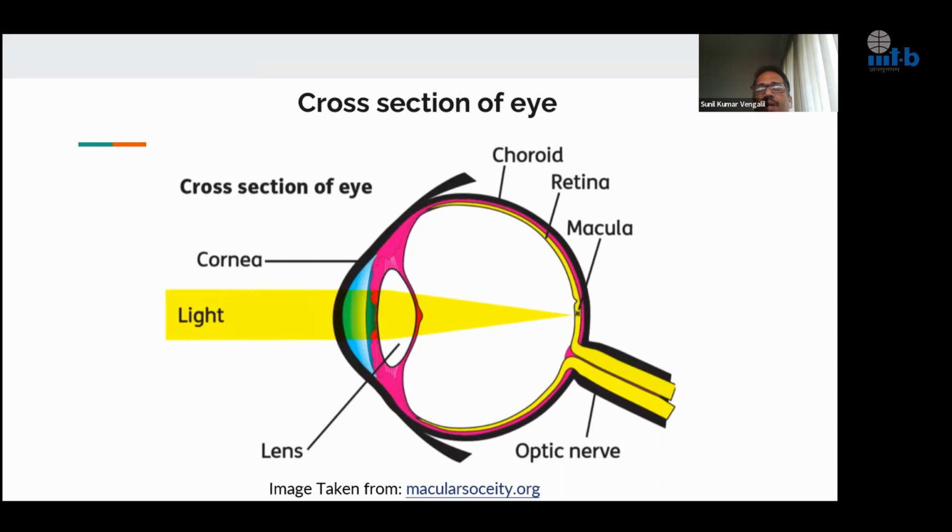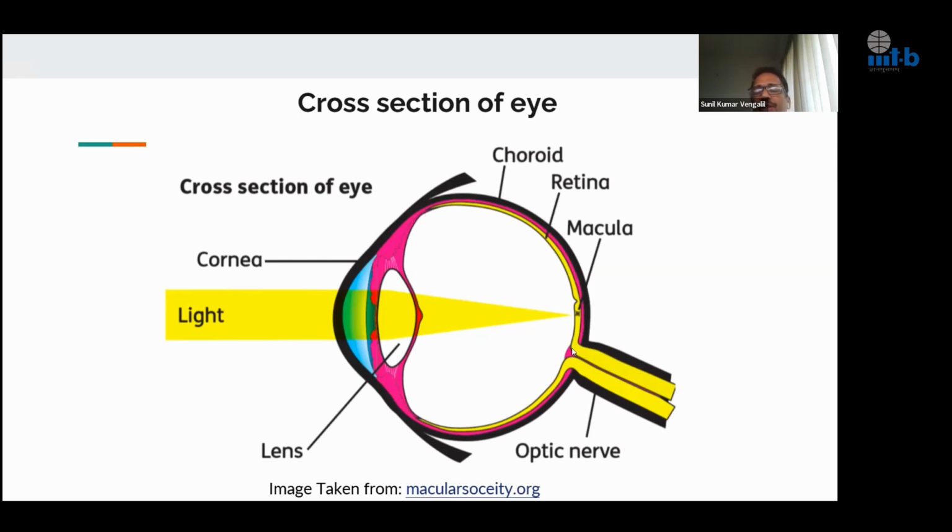The middle layer, called the choroid, is spread with a lot of blood vessels, and that gives enough oxygen to all the retinal cells. The final layer, shown in black color here, holds the retina together and acts as a protective measure for the inner eye.